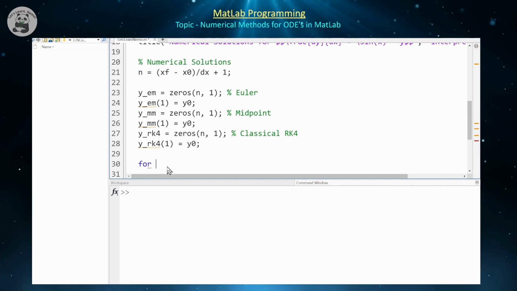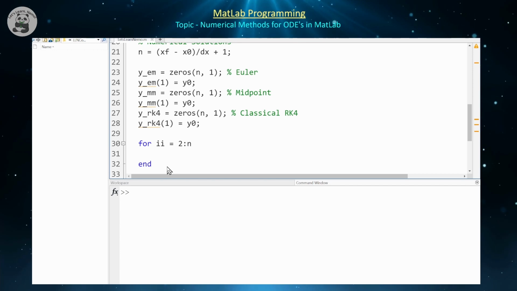The dummy variable that I'm going to be using here is double i. Don't use single i because that's the square root of -1, so double i is a good index to choose. Let's start from 2 and go all the way up to n, which is the last value of each of these vectors. We're starting at the second because we already know the value of the first.